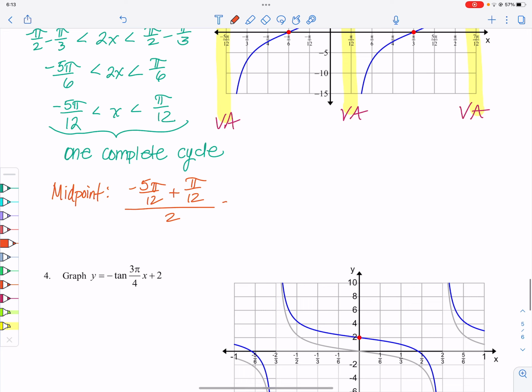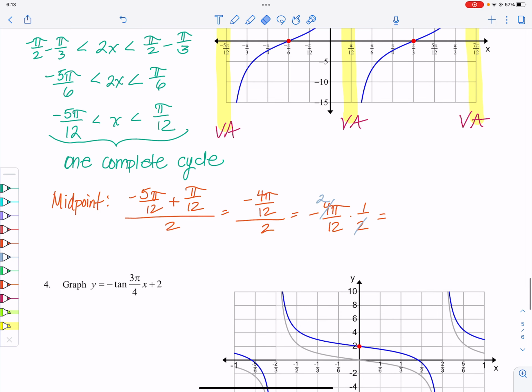So now this is equal to negative 4 pi over 12, all divided by 2. Dividing by 2 is the same as multiplying by 1/2. So we would actually have that 12 and that 2 can cancel.